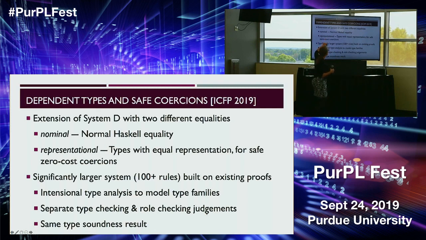So doing this right took a pretty significant extension. Suddenly our rules went up from maybe 34 rules in the system to over 100 rules. Part of the reason was we really wanted to make sure that when we did this extension, we were being very careful with roles. The need for that comes from type families, which is the ability of Haskell's type level to actually dispatch on types.